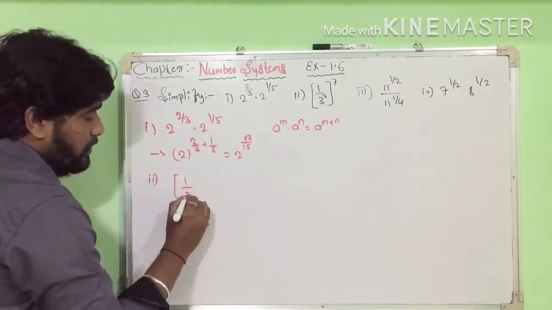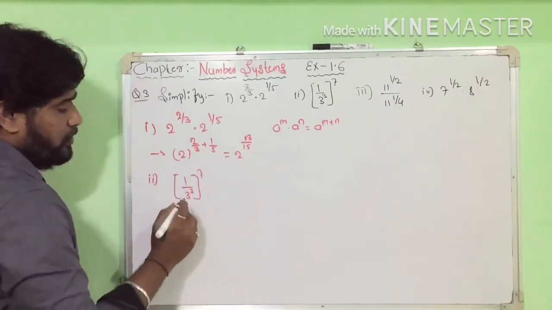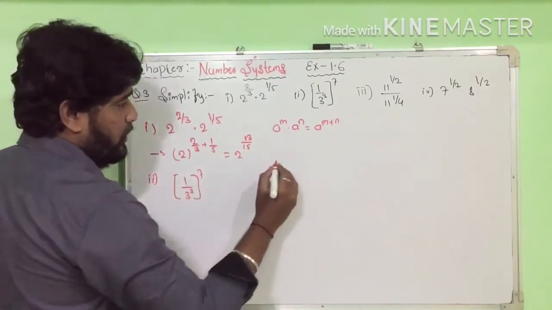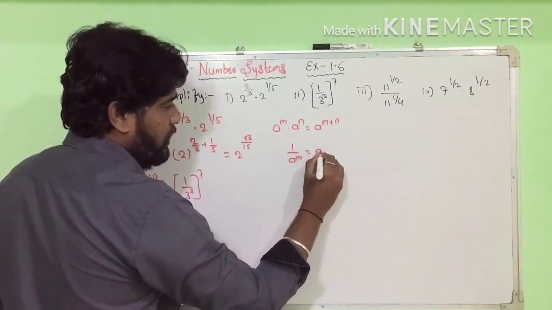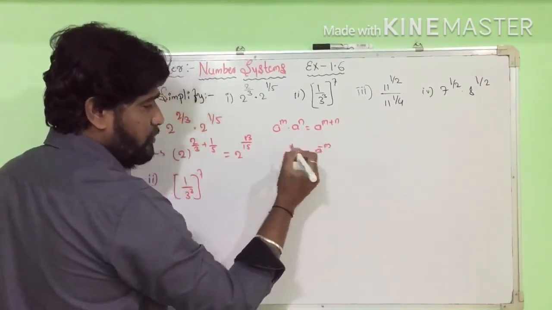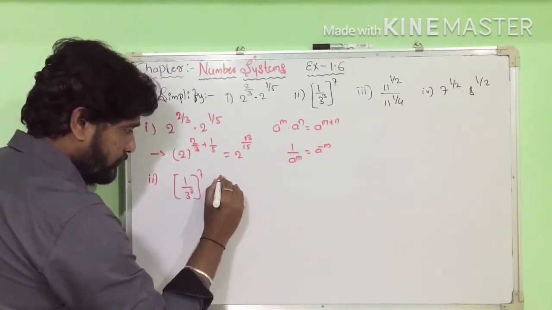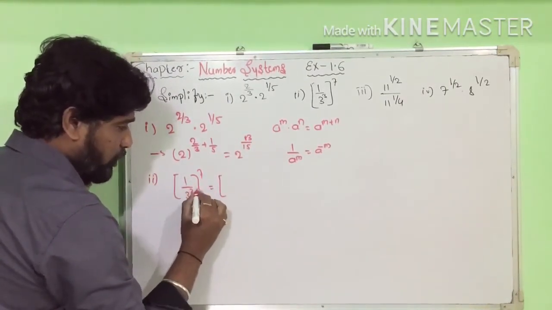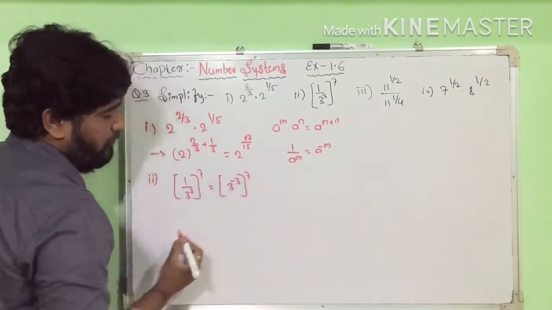So 1 by 3 cube whole raised to 7. So now here 1 by 3 raised to 3, it is in the form of 1 divided by a raised to m. So this one we can write a raised to minus m. When it comes in a numerator, this becomes a minus power. So this implies 3 cube we can write 3 raised to minus 3 and raised to 7 as it is.